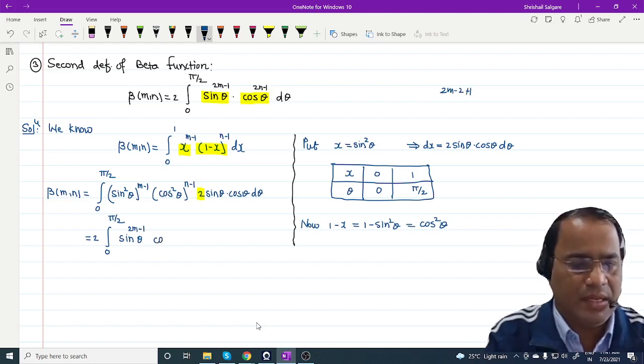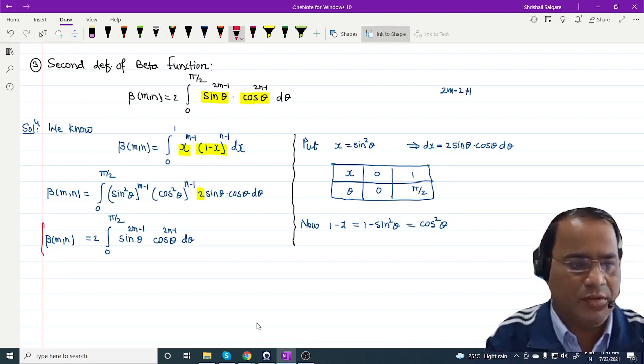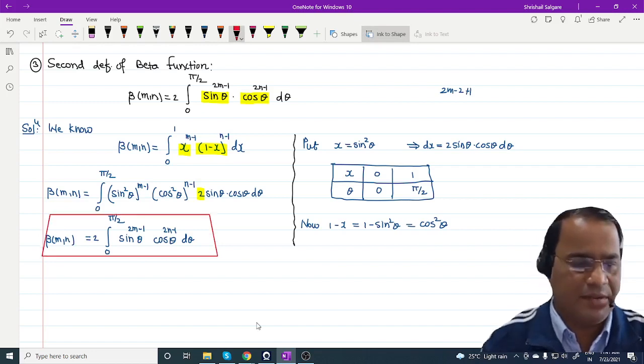In the same manner, if you collect the cos term, it is 2n minus 1 d theta, and this we consider as the second definition of beta function.